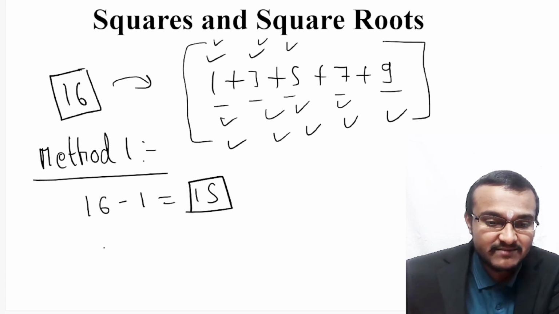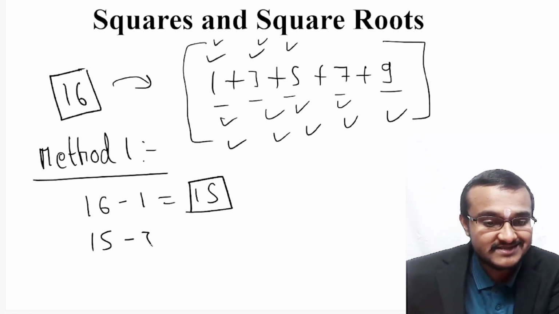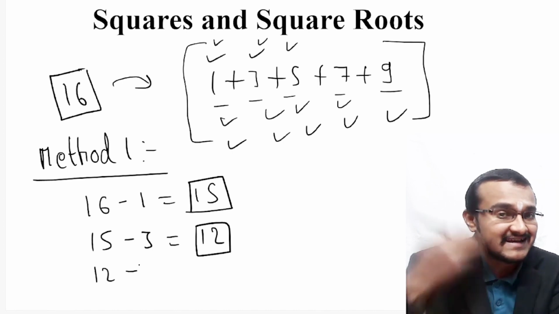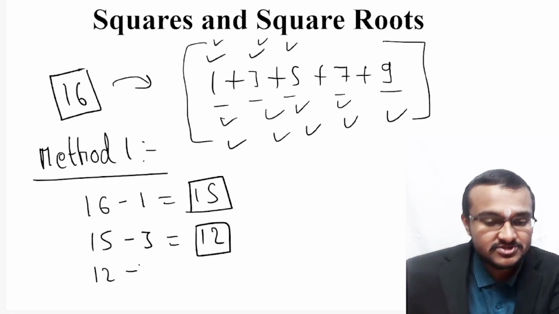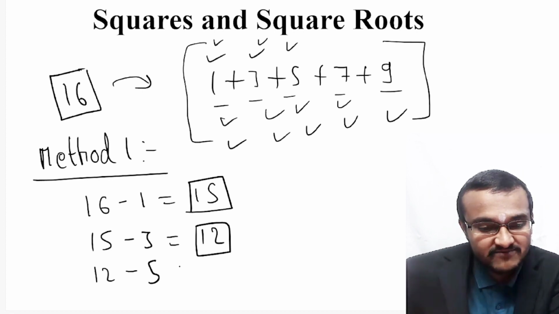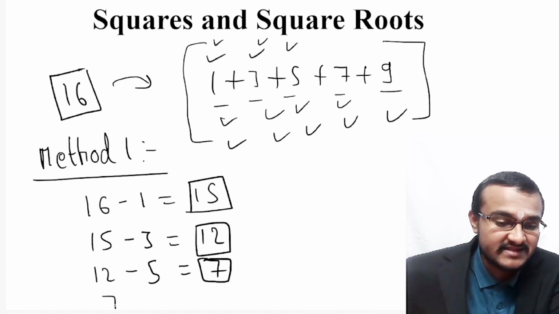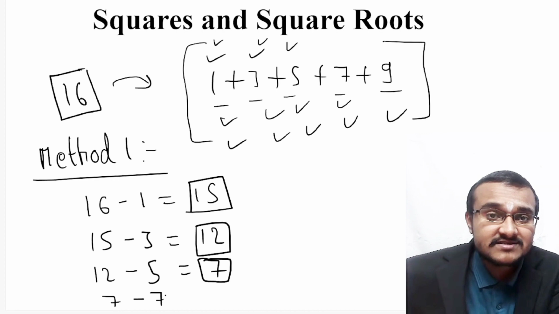Take 15 and subtract the second odd natural number, 3. 15 minus 3 is 12. Now subtract from 12 the next consecutive odd natural number after 3, that is 5. 12 minus 5 is 7. Take this 7 and subtract 7, because the next consecutive odd natural number after 5 is 7.